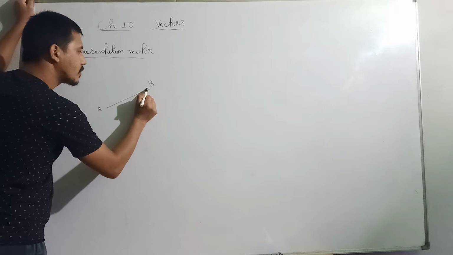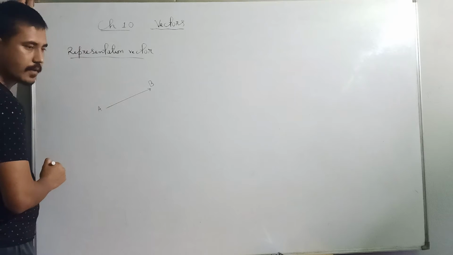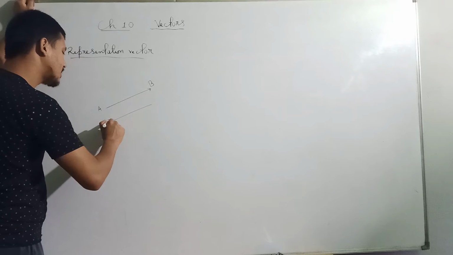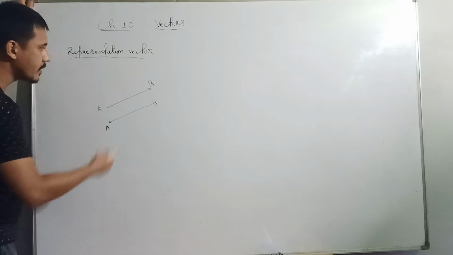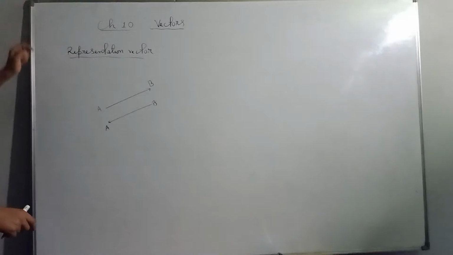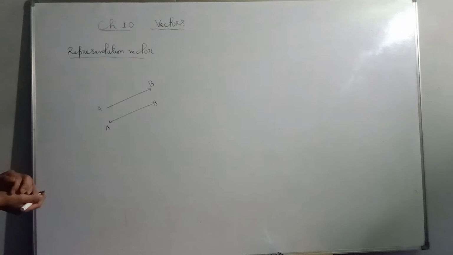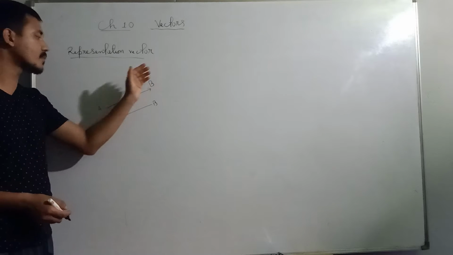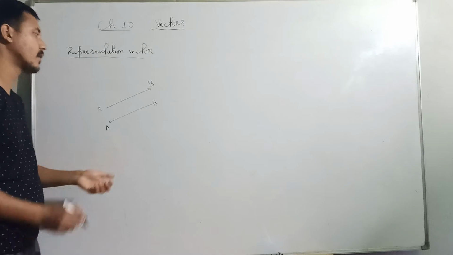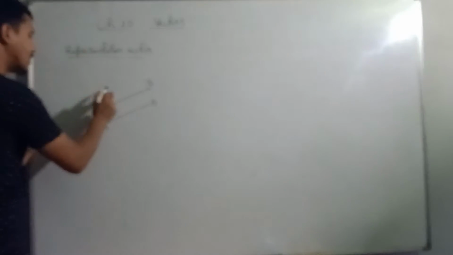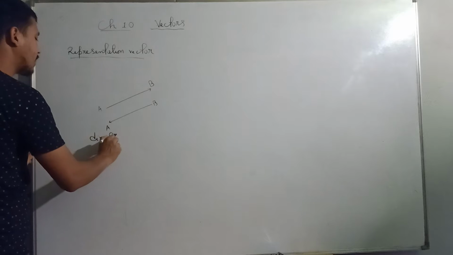Is it directed towards B, or is it directed towards A? If it is a line, then it must have a direction. So is it directed towards B, or is it directed towards A?